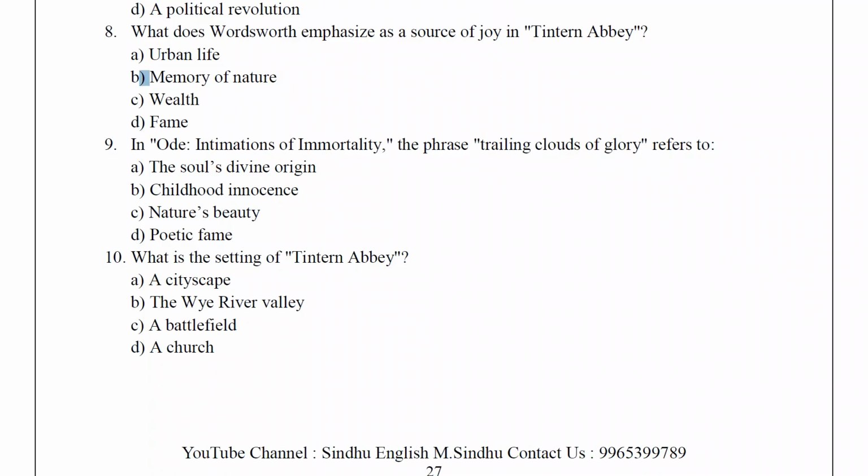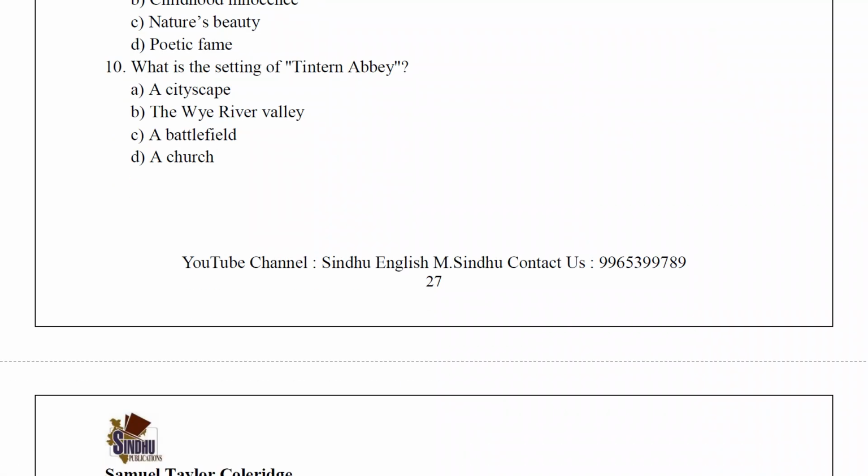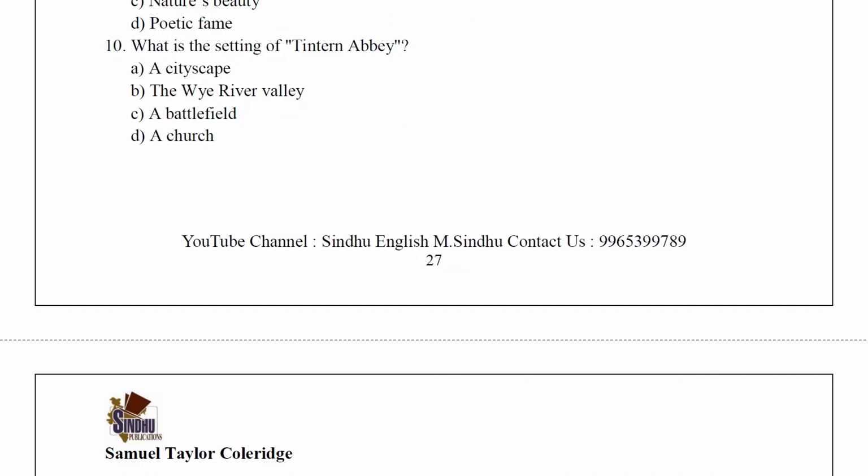A memory of nature. In Ode: Intimations of Immortality, the phrase "trailing clouds of glory" refers to the soul's divine origin. What is the setting of Tintern Abbey? The Wye River Valley.